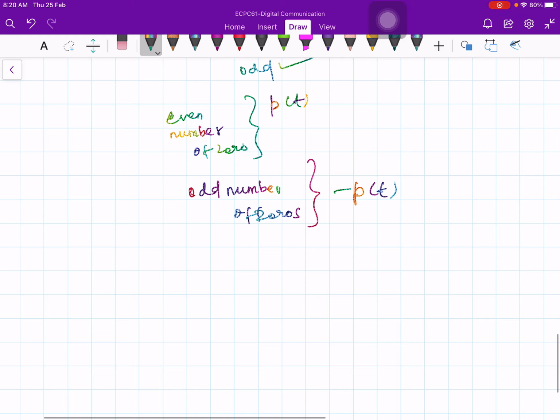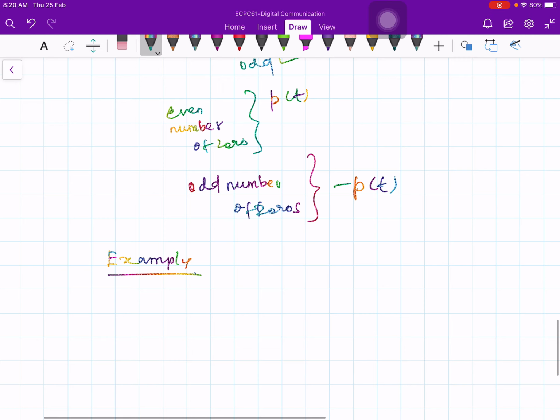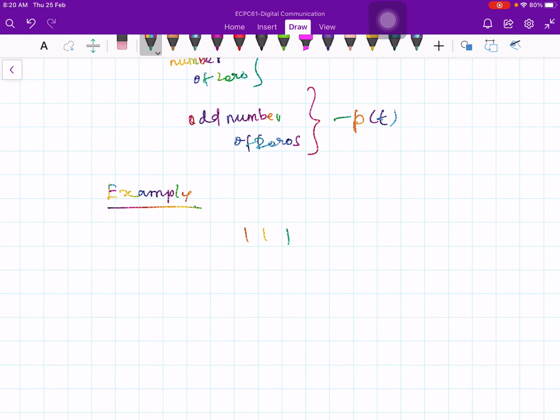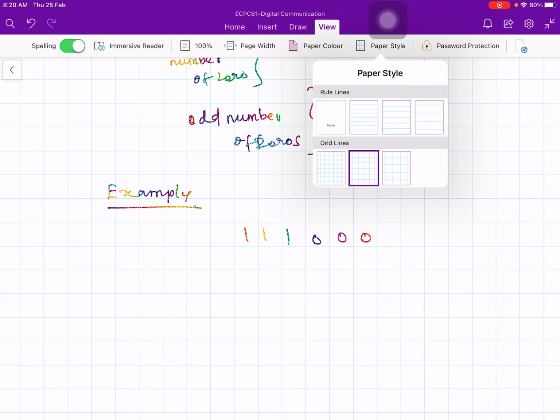Let us take a basic data sequence and see how we can do this. Let me take 1 1 1, followed by 0 0 0. Maybe I can increase the grid view.